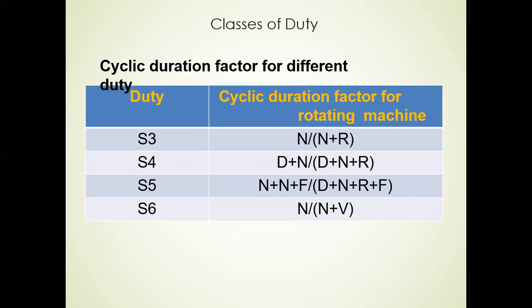It is from S3 to S6, and n divided by n plus r denotes the cyclic duration factor for S3 type of machine. Like that you have these descriptions here. n is the operating period in a cycle, r is the rest period, d is the starting period, f is the braking period, and v is the no load rotating period.